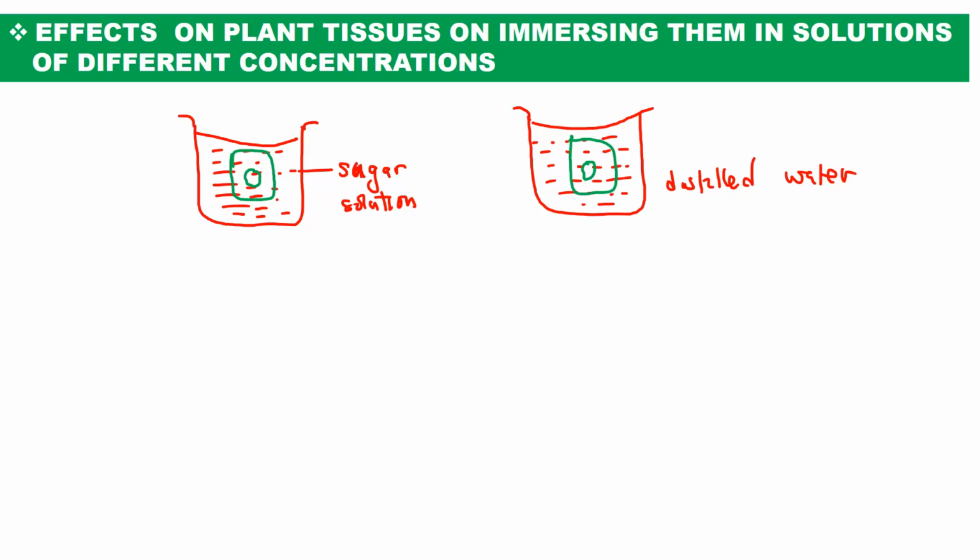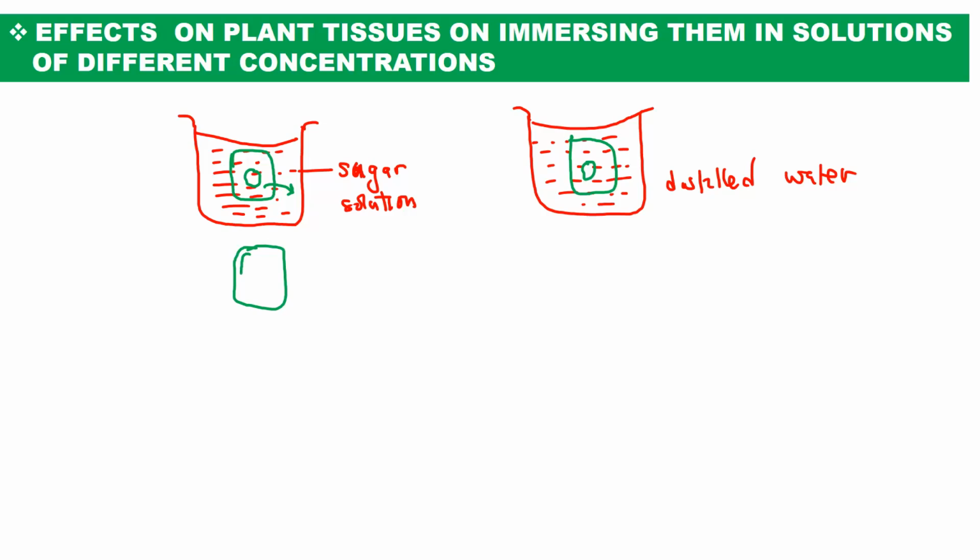So if you put this in the solution, now look at this. This is sugar solution, which means this solution is more concentrated compared to the inside of the cell. Now, if it's more concentrated compared to the inside of the cell, the plant cell is going to lose water, and it will become plasmolyzed.